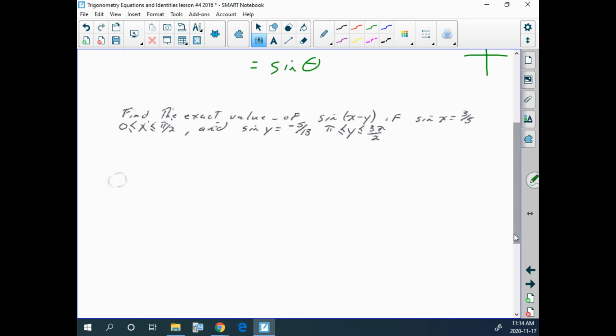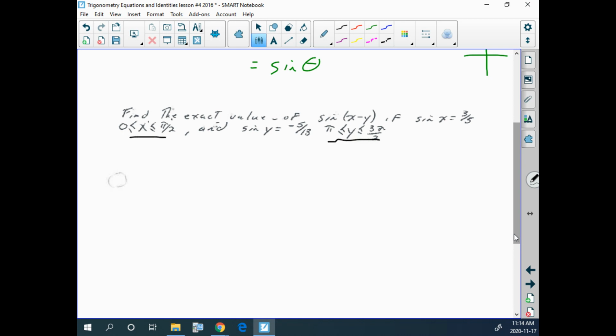Now I want to know the exact value of sine of x minus y, and I don't give you the values for x and y. I just tell you that the sine of x is 3/5 and the sine of y is negative 5/13. I've given you 2.